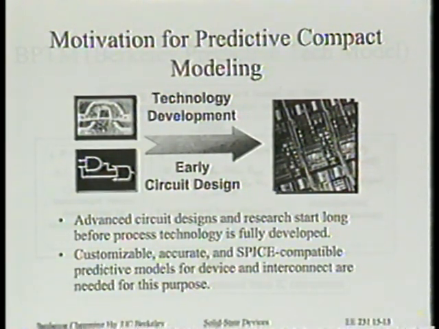Another, which is what Kevin picked up to do, is much more aggressive and much more, I guess, questionable, and also we cannot have too high an expectation in terms of accuracy. That is, can we produce models for 0.1 micron devices so that designers can use them to do research right now?